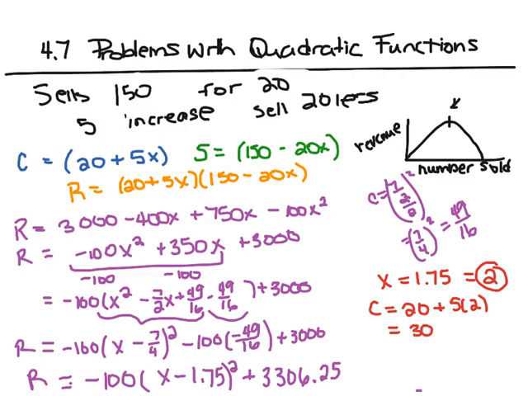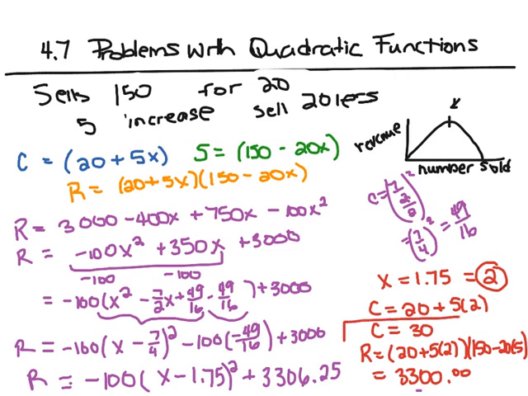So the maximum cost you can sell is for $30, and the revenue you will make will be 20 plus 5 times 2 times 150 minus 20 times 2, and you should get, when you type this all out, $3,300. So the maximum cost to sell is 30, and the maximum revenue you can make is $3,300.